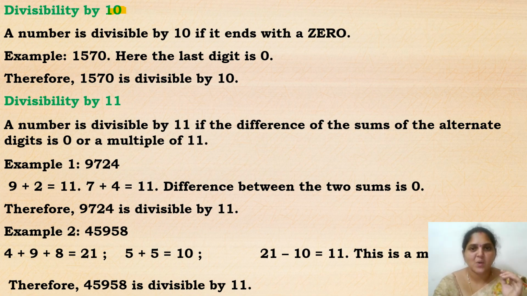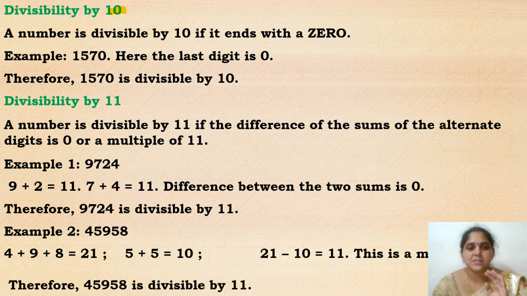10 ones are 10, ones place value 0. 10 twos are 20, ends with 0. 10 threes are 30, ends with 0. 10 fours are 40, ends with 0. 10 fives are 50, ends with 0. 10 tens are 100, ends with 0. 10 15s are 150, ends with 0. So always the ones place value is 0.